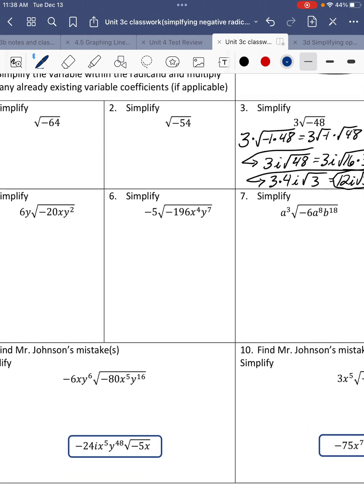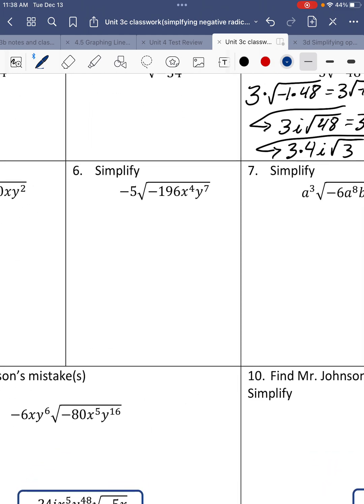All right, let's take a look at number 6. Number 6, the square root of 196. So that's negative 1. Actually, 196 is a perfect square. That is 14. And then we have x to the 4th and y to the 7th. So breaking this down, we have negative 5.